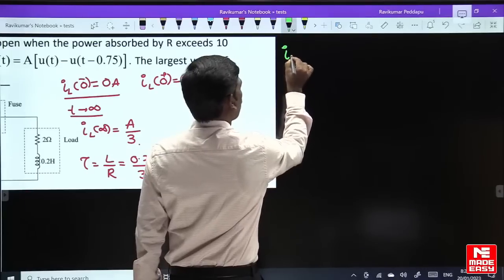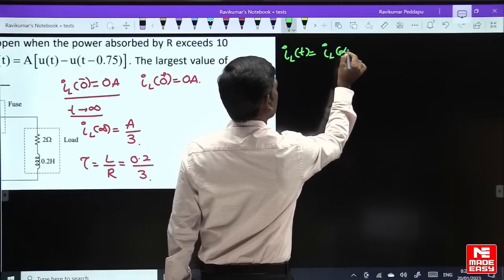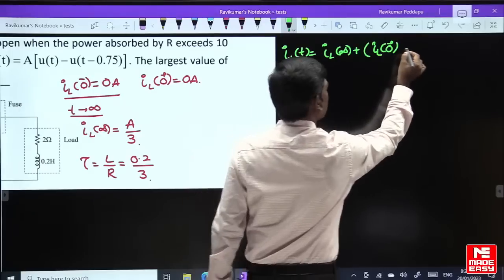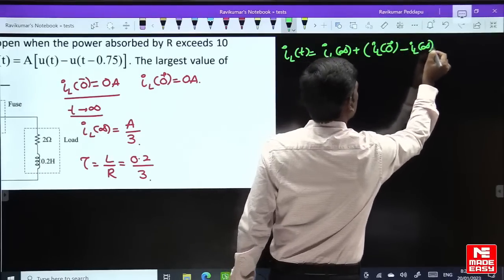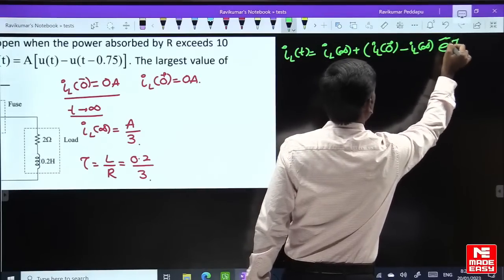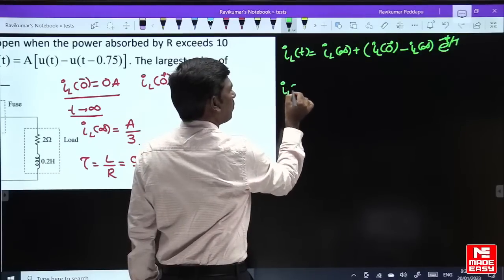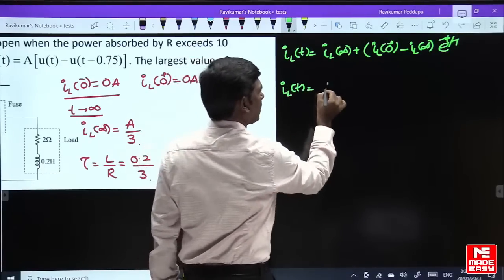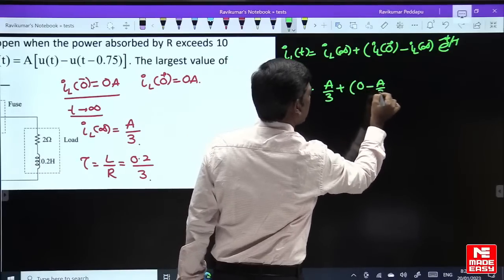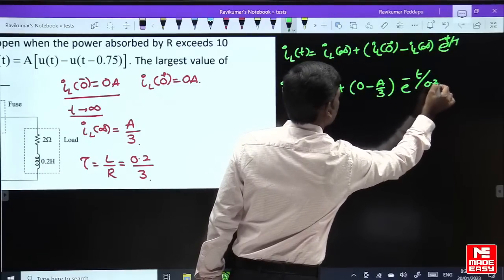Now apply the formula. IL of t is equal to final value plus initial value minus final value into e power minus t by tau. IL of infinity is A by 3, plus 0 minus A by 3 e power minus t by tau, with tau 0.2 by 3.